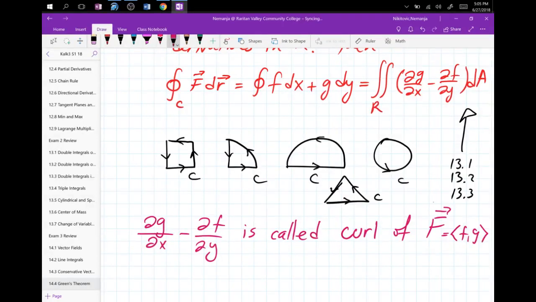So the problem on the final exam could say compute the curl of, and then I give you a vector field. You just need to compute the difference of two partial derivatives, and that's that.